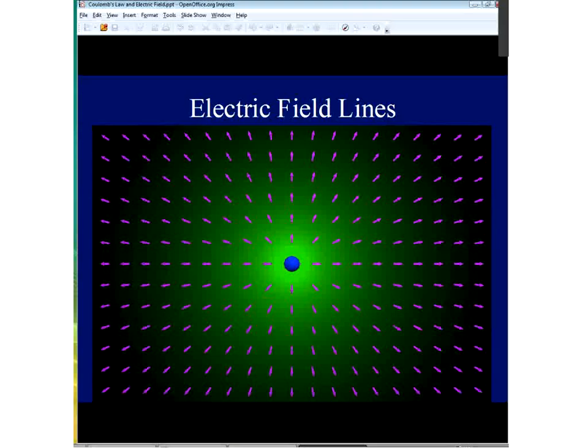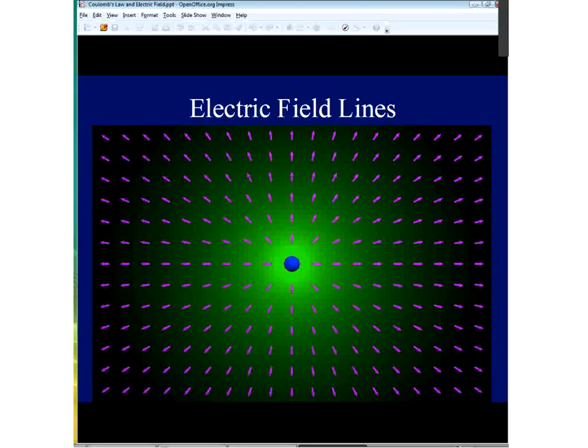So we may not be interested in the exact number. As I said, bird's eye view. We want to get an overall idea. That's it. Not an exact number at a point. So closeness of field lines would mean that field is strong there, and the arrow will tell us the direction.